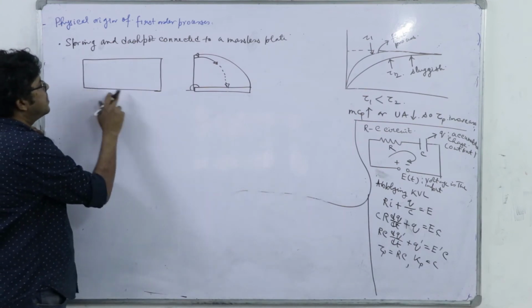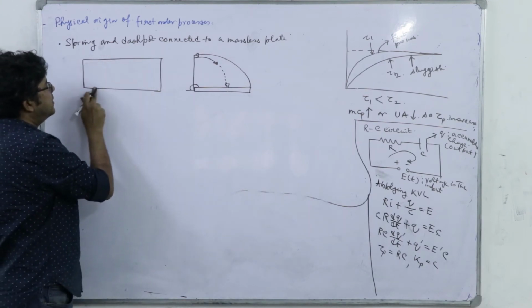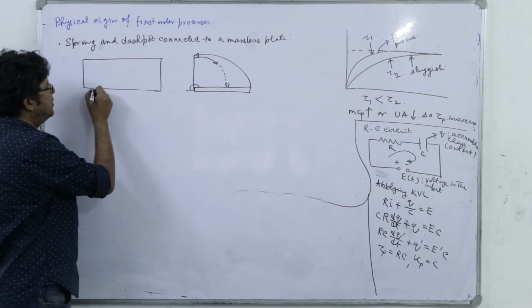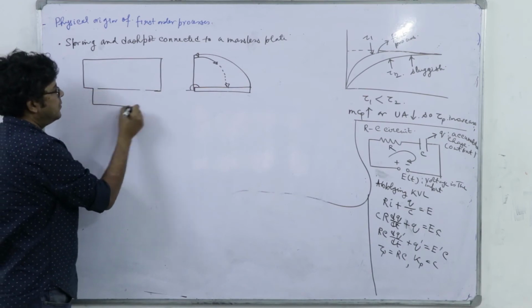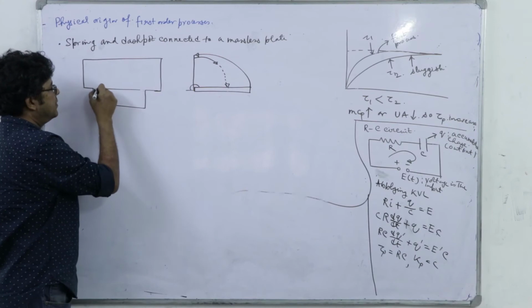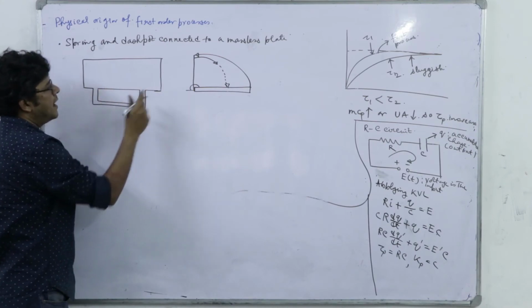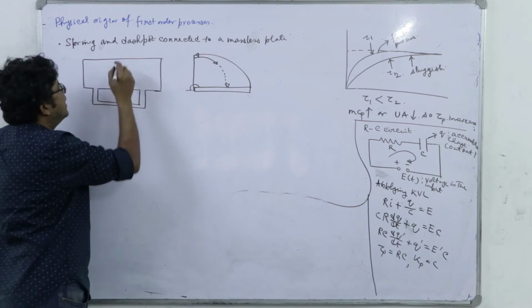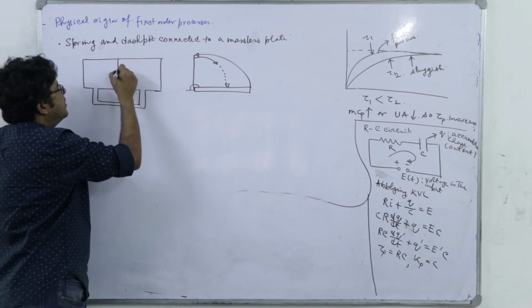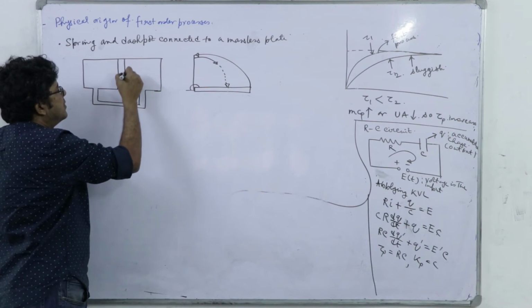So in the dashpot system, basically we have a cylinder. This is a theoretical, hypothetical conceptual system. Actually the door closures are not like that, but pretty similar in structure.